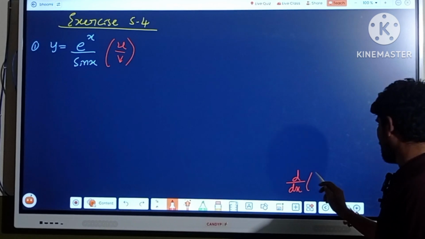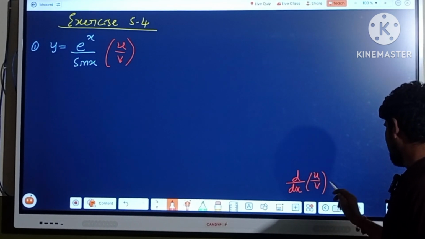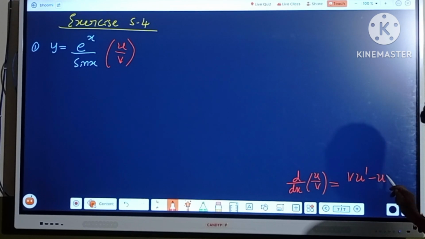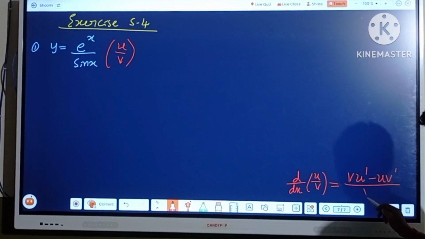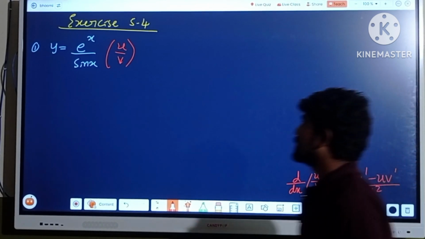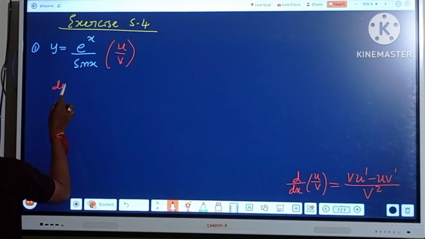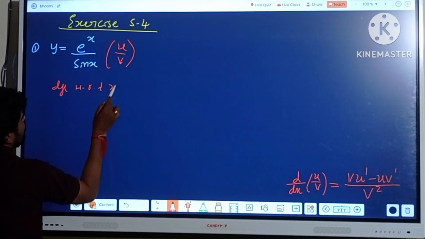Derivative of u by v is equal to v into u dash minus u into v dash, divided by v square. So here u is e power x, v is sin x. So differentiate this with respect to x.